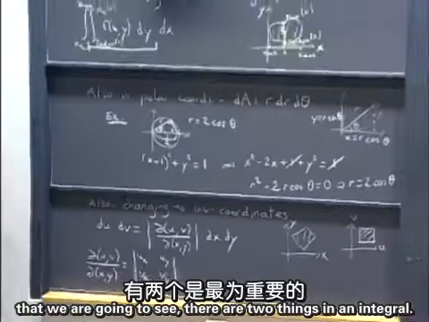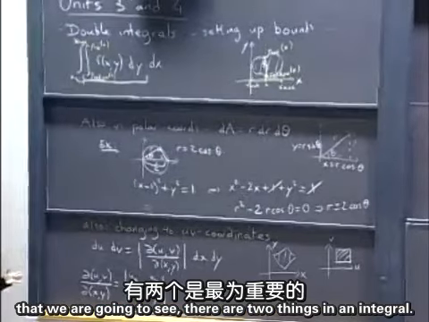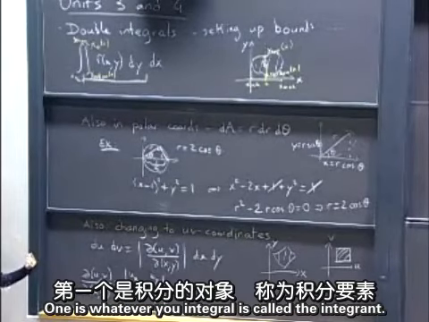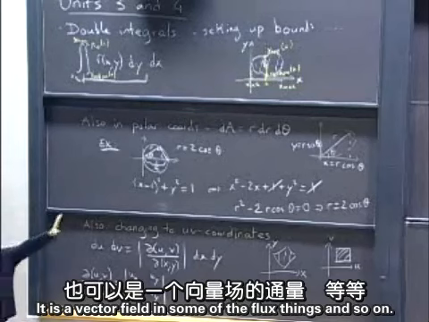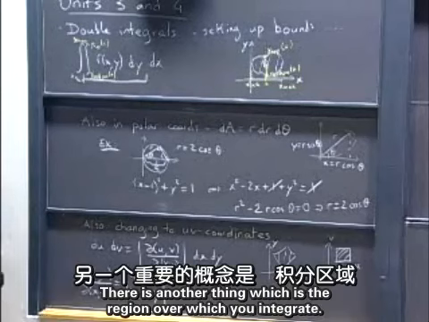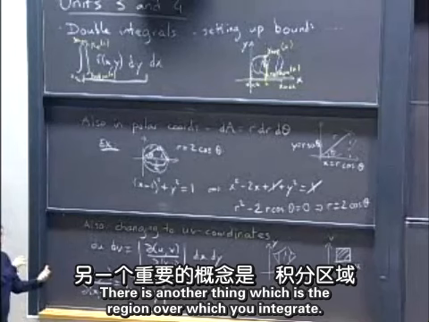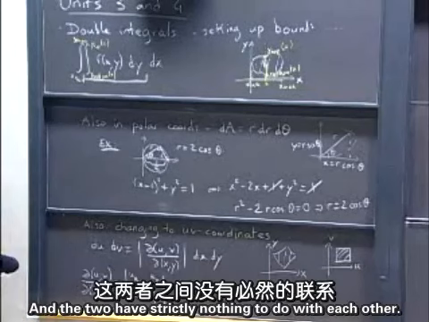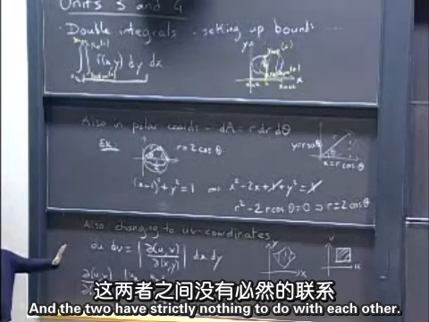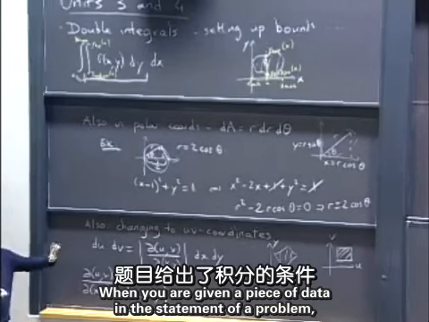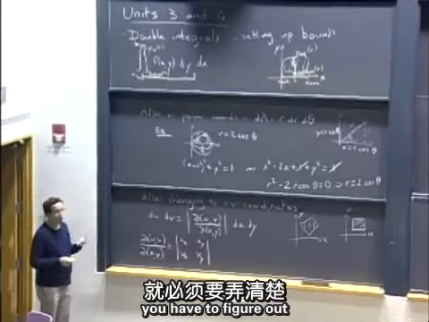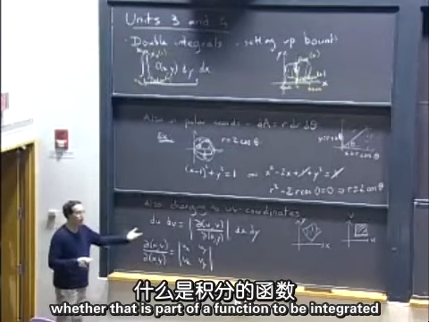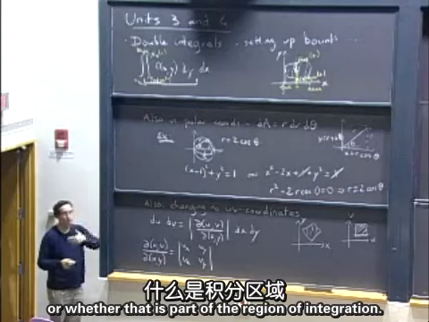Okay, and of course, a general common sense thing that applies to actually all the integrals that we are going to see. There's two things in an integral. One is whatever you integrate. It's called the integrand. It could be a function here. It's a vector field in some of the flux things and so on. And there's another thing which is the region over which you integrate. Okay, and the two have strictly nothing to do with each other. So when you're given a piece of data in the statement of a problem, you have to figure out whether that's part of a function to be integrated or whether that's part of the region of integration.